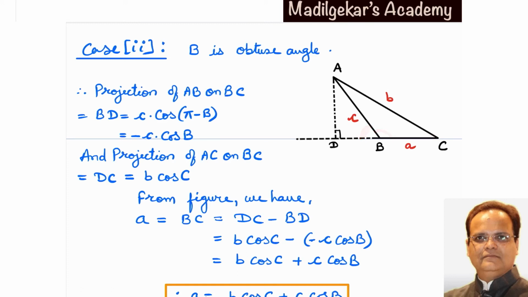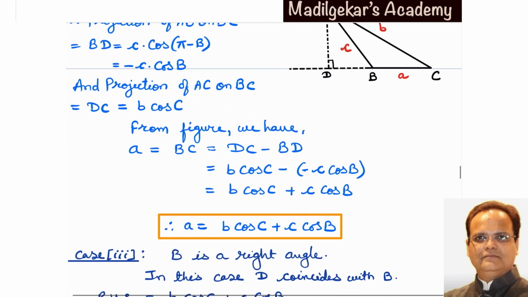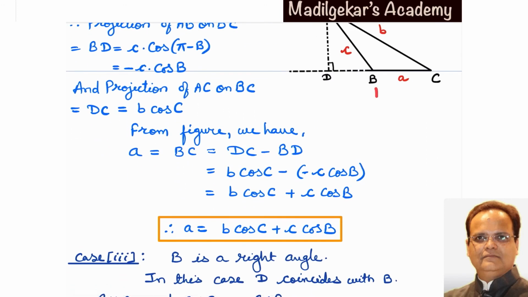And by the allied angle formula, cos of pi minus B is minus cos B. Similarly, the projection of AC on BC, that is DC, is b cos C. From the figure, as the length of BC is a, we can write BC as DC minus BD.